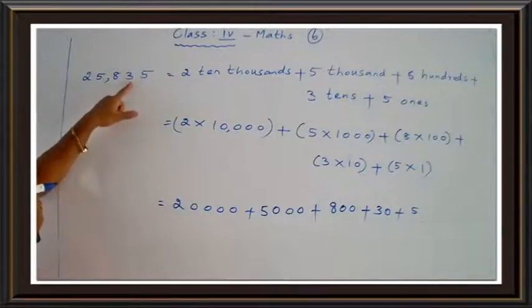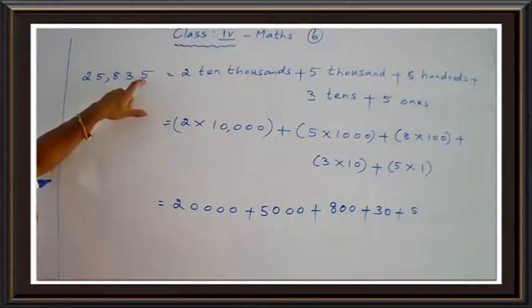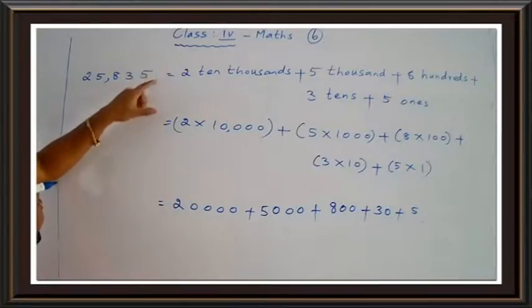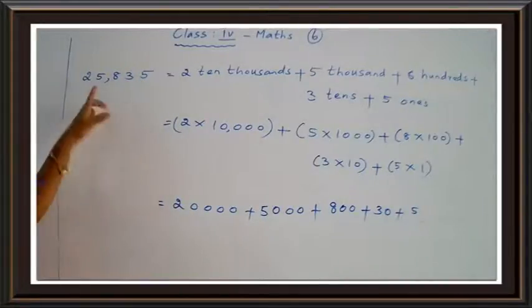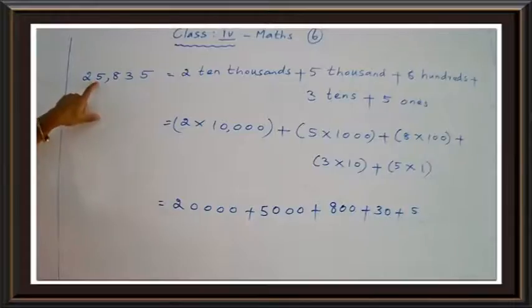Next you take 3. Only one digit is after it, so you put 0. So your answer is 30 plus 5. There is no place after it, this is the last place, that is ones place. So your answer is only 5. So your answer is 20,000 plus 5,000 plus 800 plus 30 plus 5.